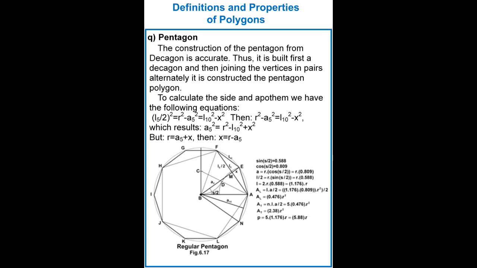Observing the FME triangle and applying the Pythagoras theorem, we will have that the square of half of the side of the pentagon is equal to the square of the side of the decagon minus the square of the straight line segment ME.